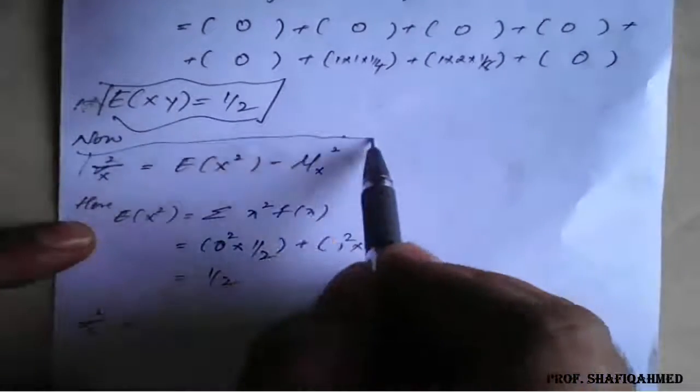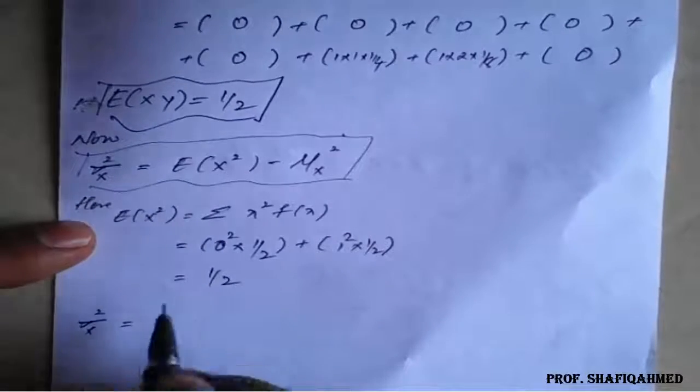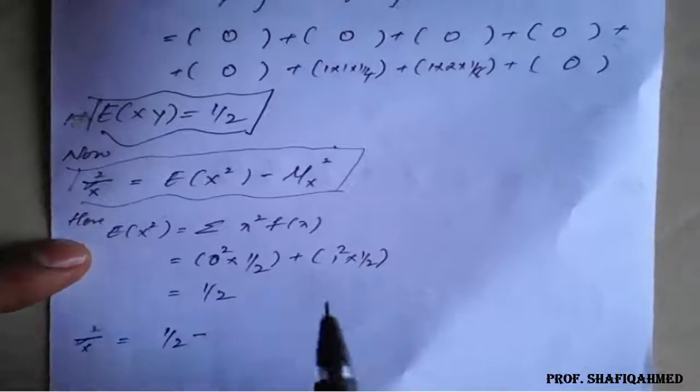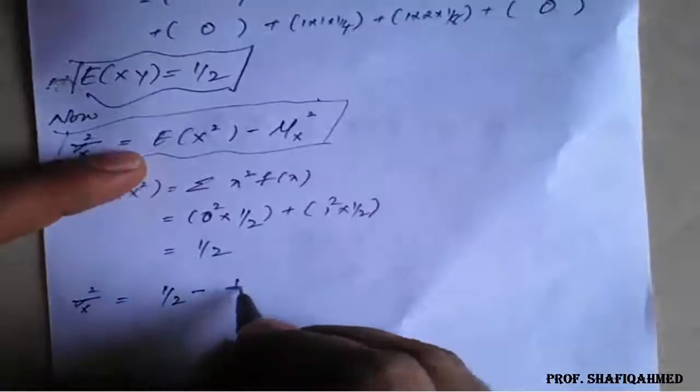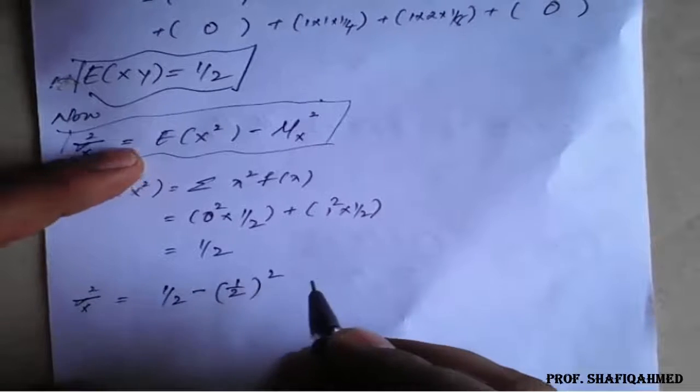So we substitute the values here. The expectation of x square we got as 1 by 2, minus mu x, which we got already as 1 by 2, and we have to square it, that is 1 by 2 whole square.